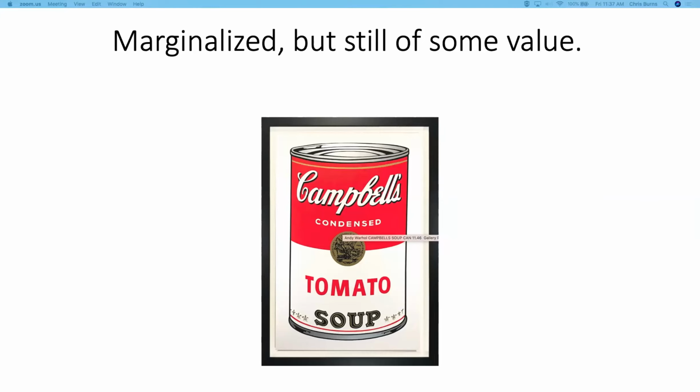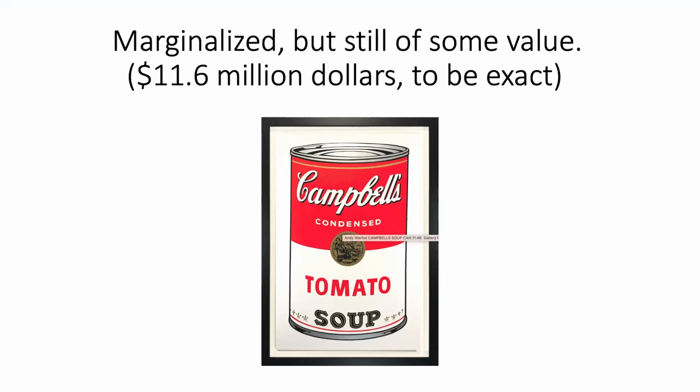I was going to try and get you one as a present. Well, you could give me that one. But it was $11.6 million when it last sold at Sotheby's.